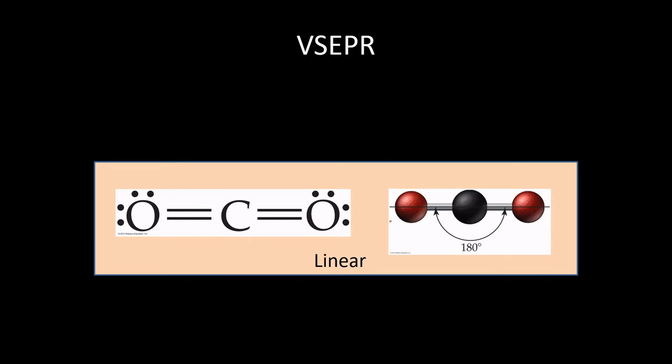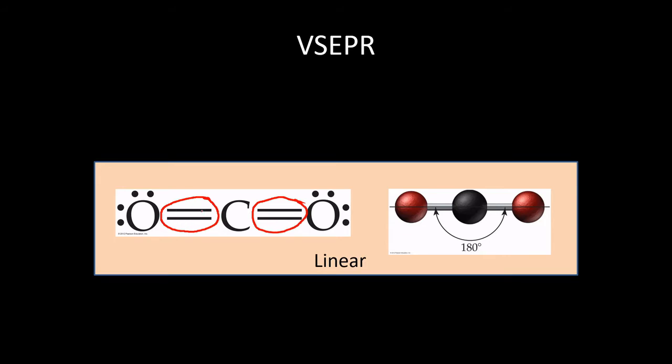So when we have a molecule like this one, for example, that has two groups of electrons on the central atom, there are a couple of key things in that statement. Groups of electrons means not just how many bonds you have, but how many groups of electrons you have.